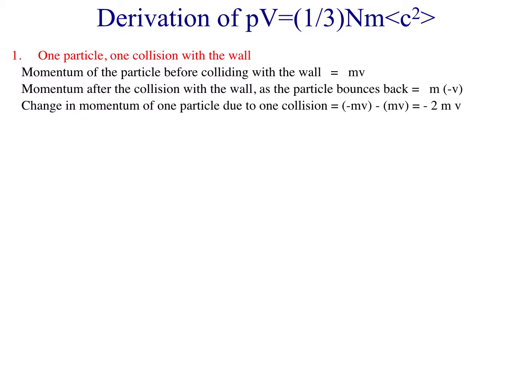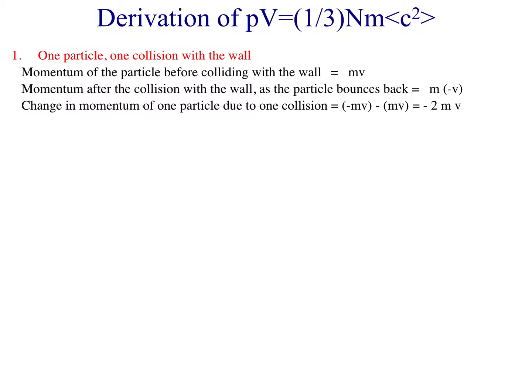Now we can compute the change in the momentum of the particle due to just one collision with this particular wall. That's equal to minus mv minus mv. What does this mean? Final momentum, which is minus mv, minus initial momentum, which is plus mv.